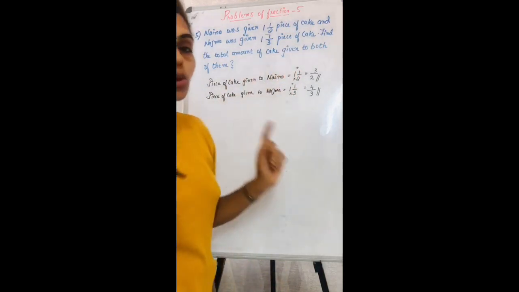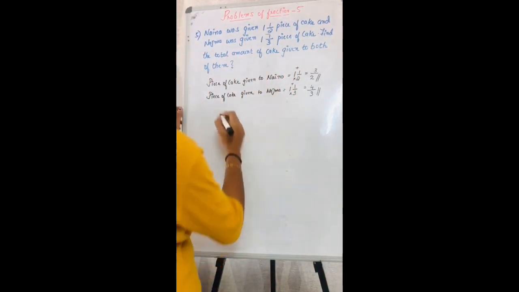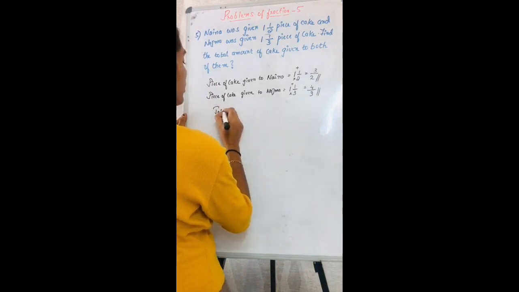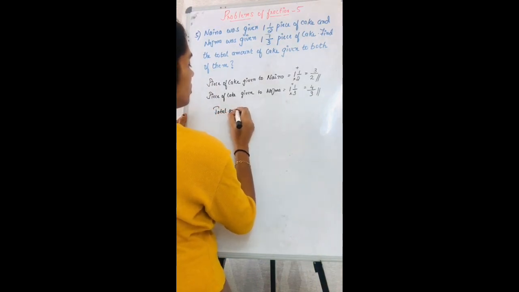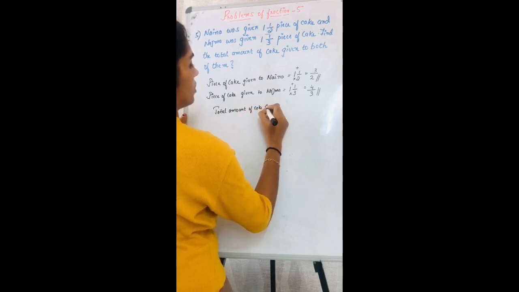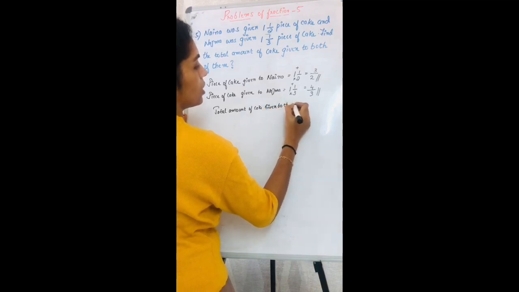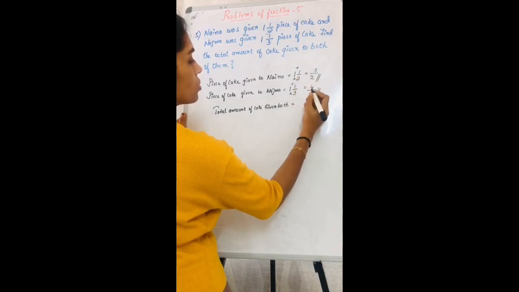Okay, now you got two improper fractions. Now what is asked here? The total amount of cake given, right? Given to both. It's simple addition, but here you have to change this to improper fraction.